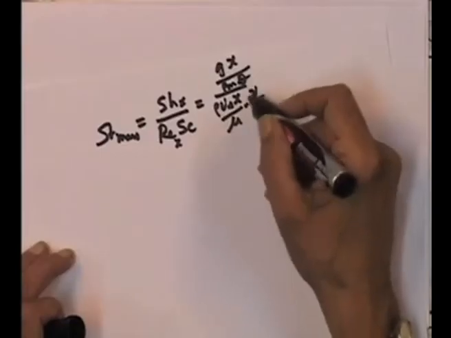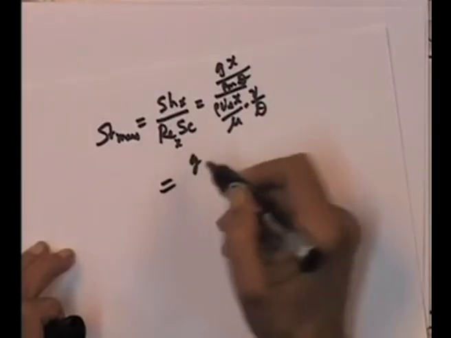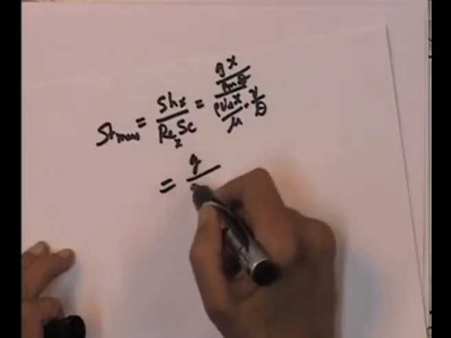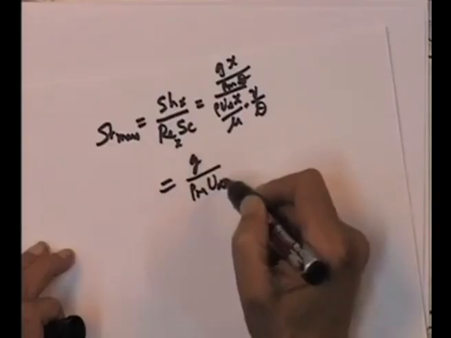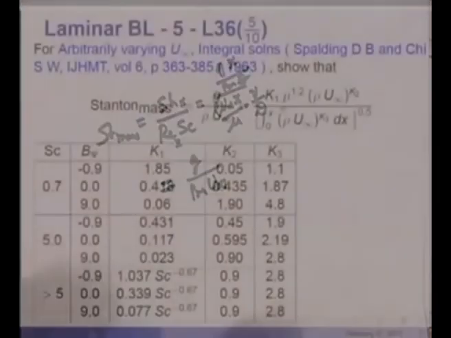So, you can see that the resultant will be g divided by rho u infinity. That is the mass transfer Stanton number.